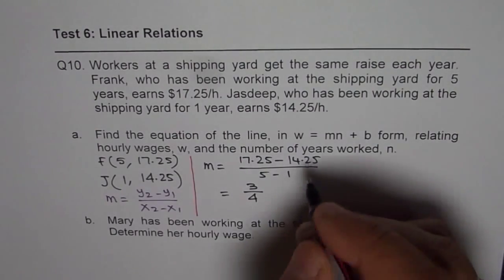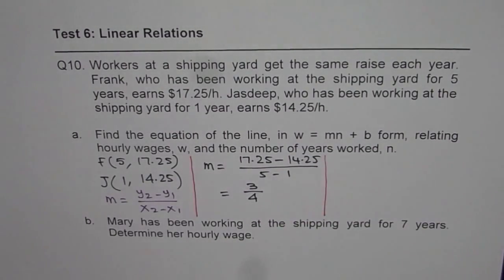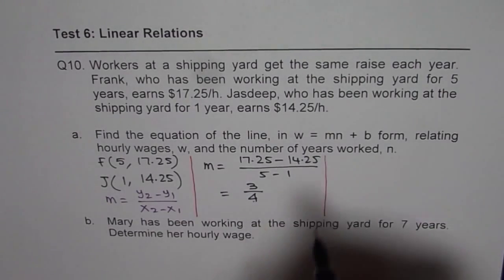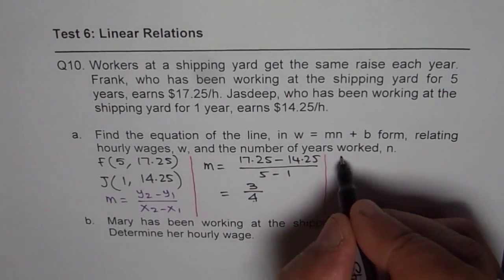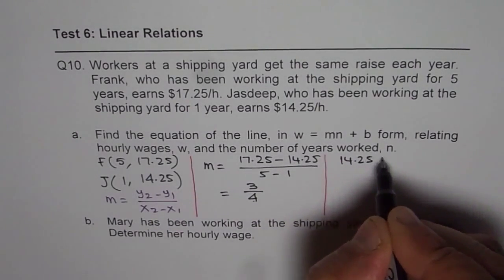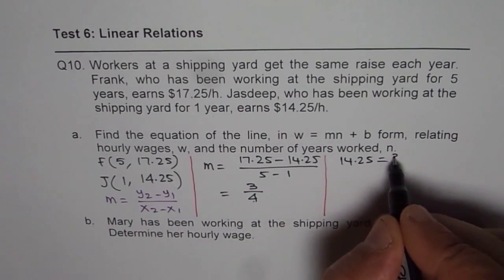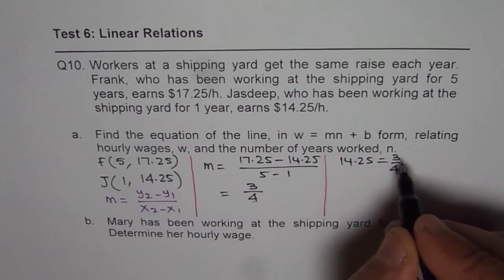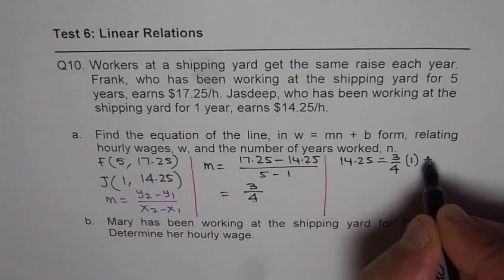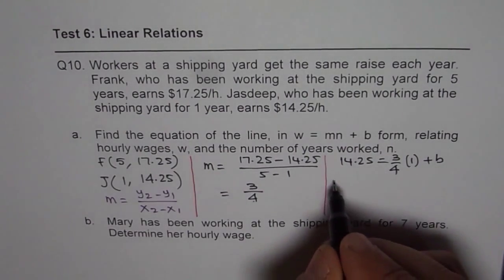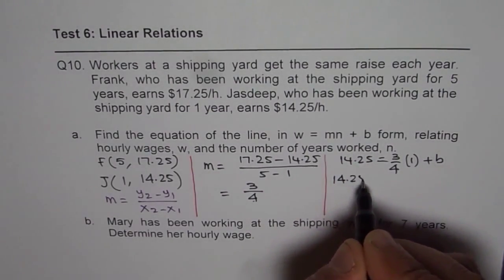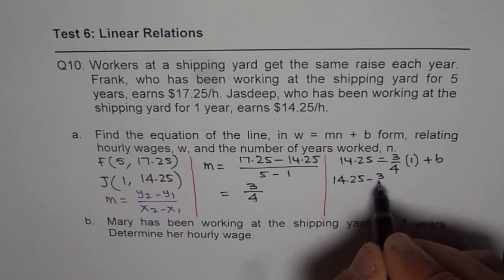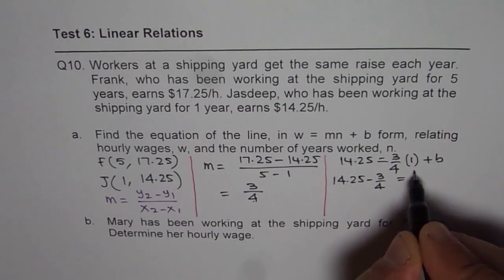So let's use that as the reference here. We know slope is 3 over 4, wages 14.25 equals slope 3 over 4, number of years 1, plus b. So b is equal to 14.25 minus 3 over 4.